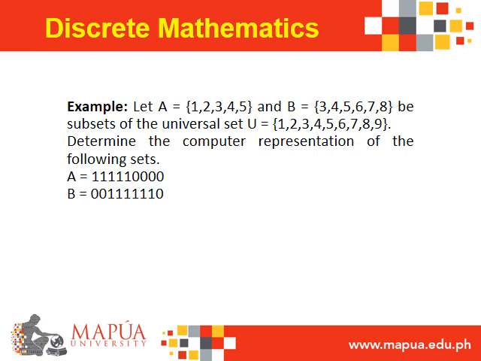Likewise, you can represent any set operation using a bit string. Let's say we wanted to evaluate the complement of A, and we already know that the complement of A comprises the elements 6, 7, 8, and 9. Thus, the bit string representation would be this equivalent bit string.